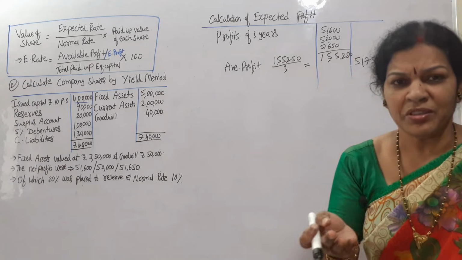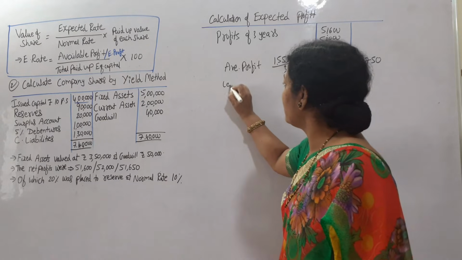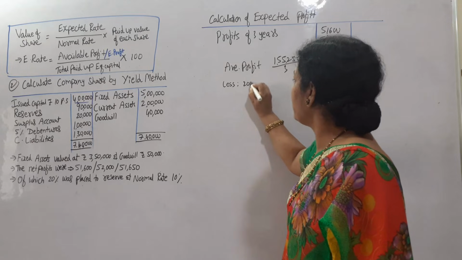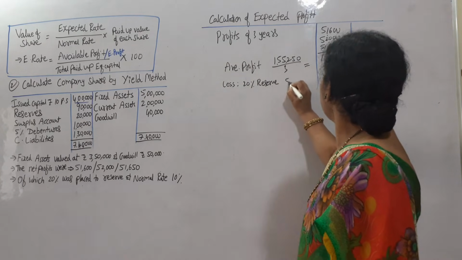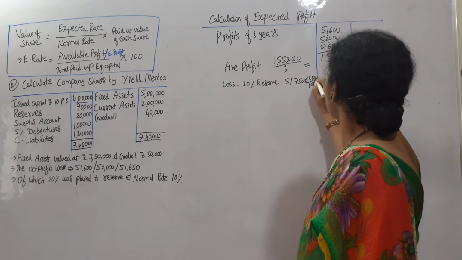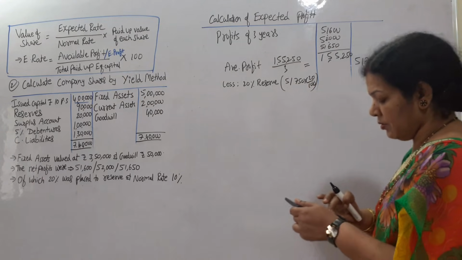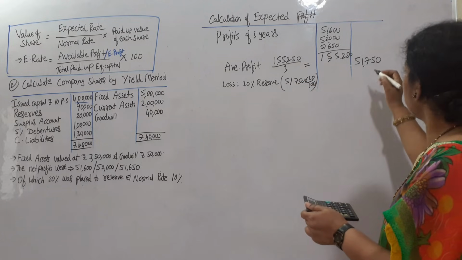We deduct it, because we are transferring from the profit. Less 20% reserve: 51,750 into 20% is 10,350.